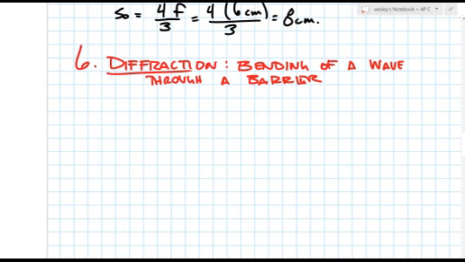So diffraction is the bending of a wave through a barrier. To make it happen, a wave passes through an opening in a barrier.